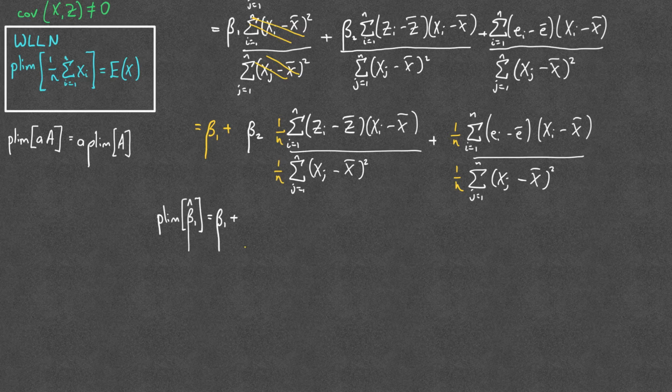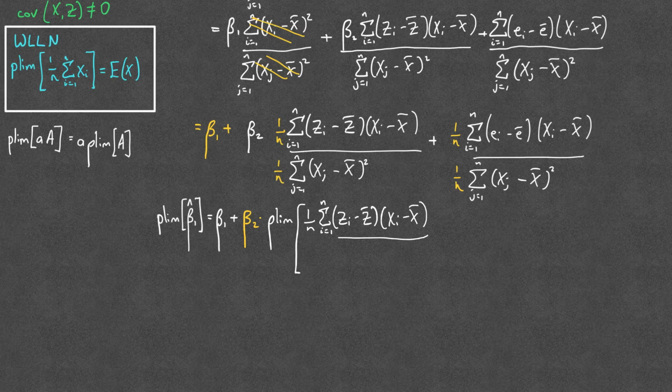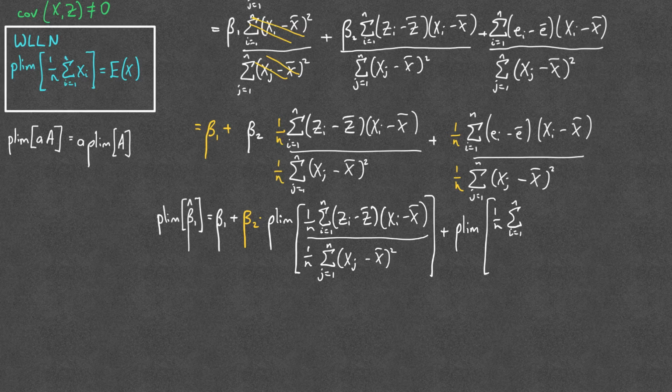So that's going to be equal to plus beta 2 times the probability limit of 1 over n times the sum of (z minus z bar)(x minus x bar), over 1 over n times the sum of (x minus x bar) squared, plus the probability limit of 1 over n times the sum of (ei minus e bar)(xi minus x bar) over 1 over n times the sum of (x minus x bar) squared.